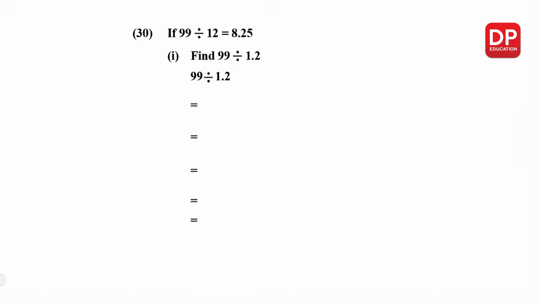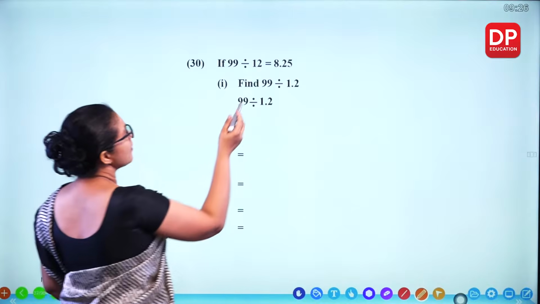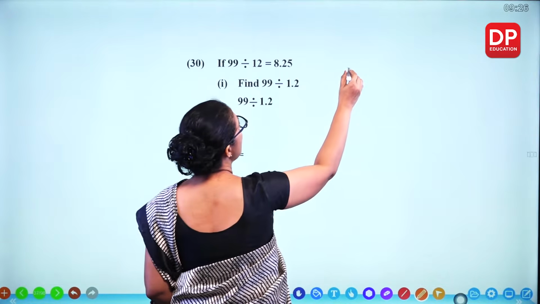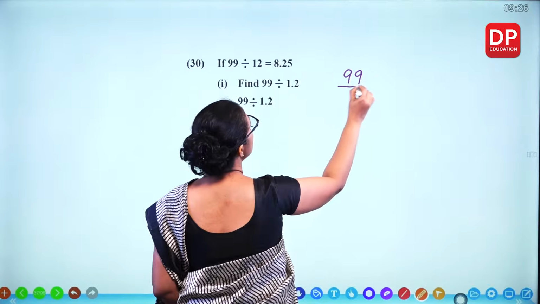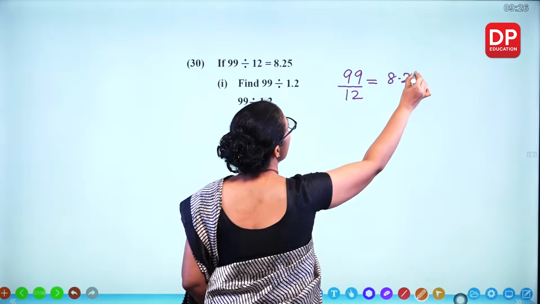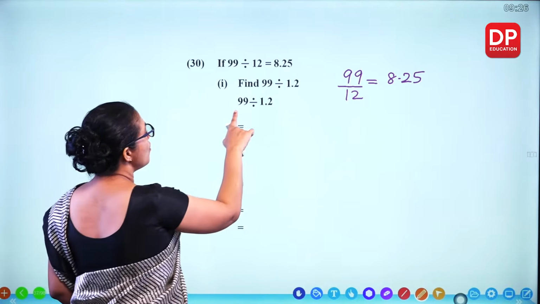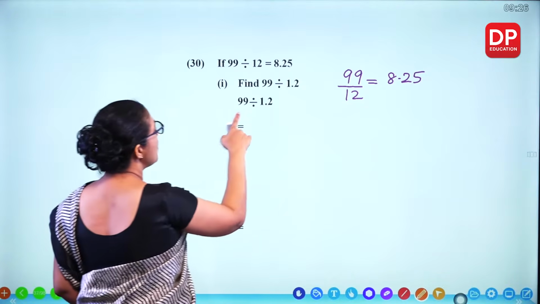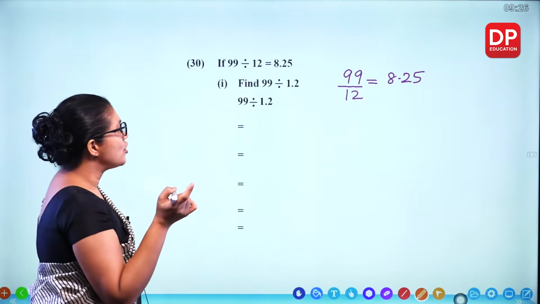If 99 divided by 12 is 8.25, find 99 divided by 1.2. Now look at this one. 99 divided by 12 is 8.25. Now we want 99 divided by 1.2.